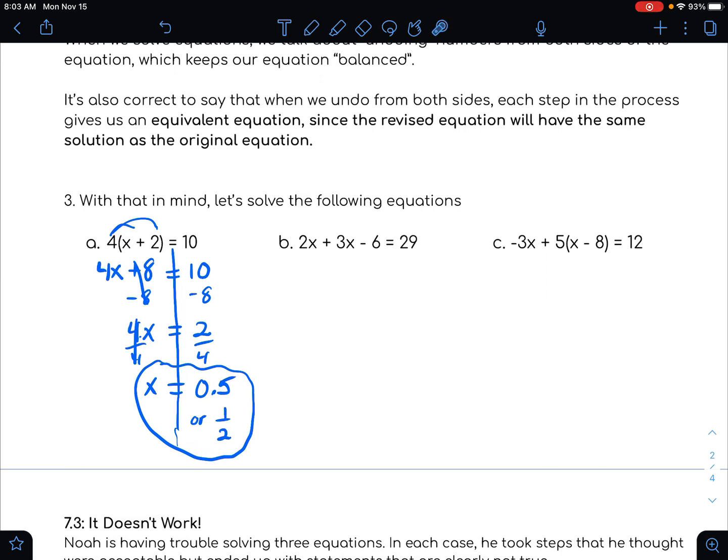And throughout this process here, we have created equivalent equations. So here's our original. Here is a modified equation, but is equivalent because we do some solving steps. We undo the same thing from both sides. So this 4x equals 2 is equivalent to 4x plus 8 equals 10 is equivalent to the original. And so throughout the process, we've created equivalent equations and end up with a solution.